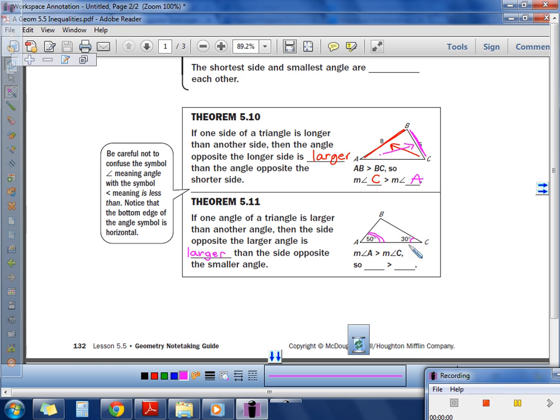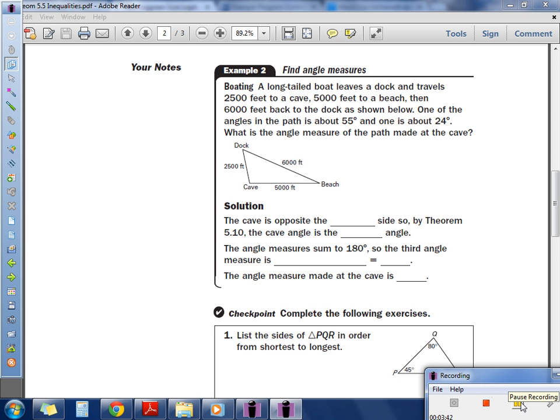So you think about the sides that are across from them. This A is across from right here, and this 30 is across from here. If the 50 is bigger, then BC will be larger than, what's this one pointing at? AB. You should be good to go. So this one's pretty simple.